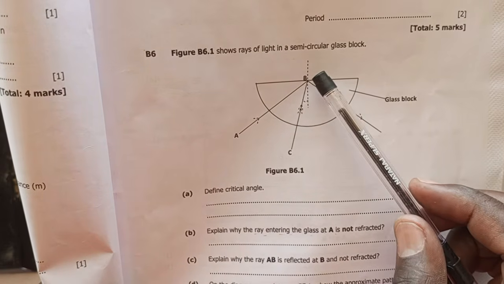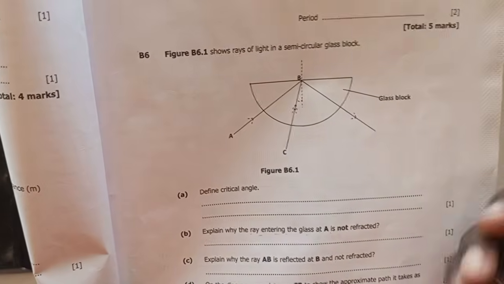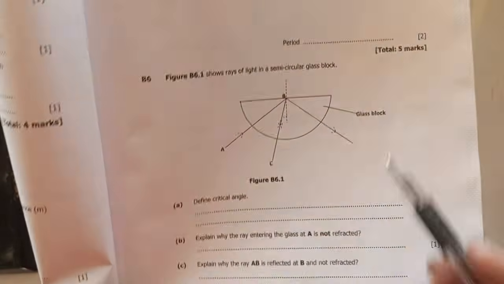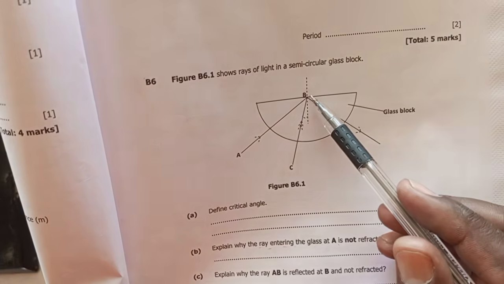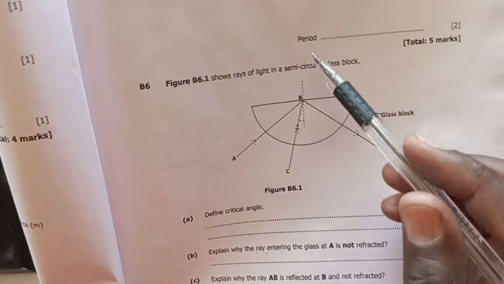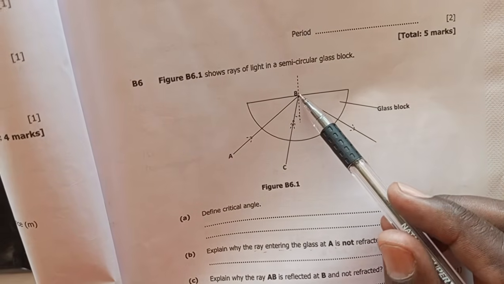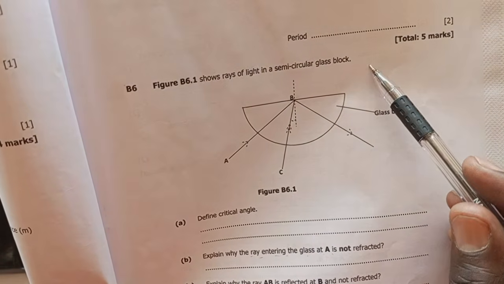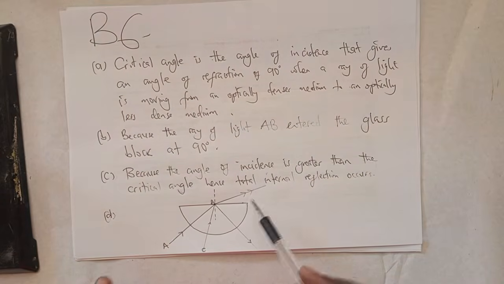It should bend towards the boundary more than it would bend towards the normal. I hope you are getting that. So you expect it to be refracted in this manner. To complete the diagram, this is what we are going to write.